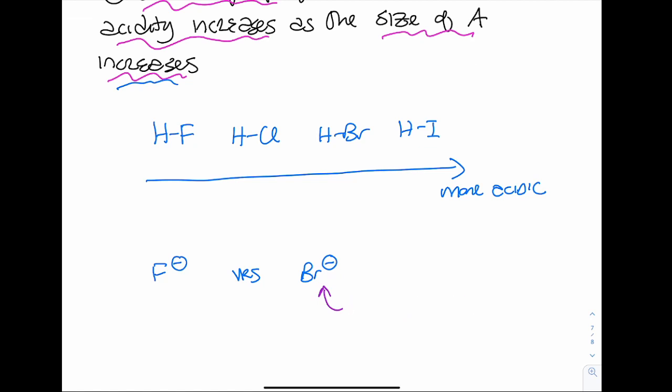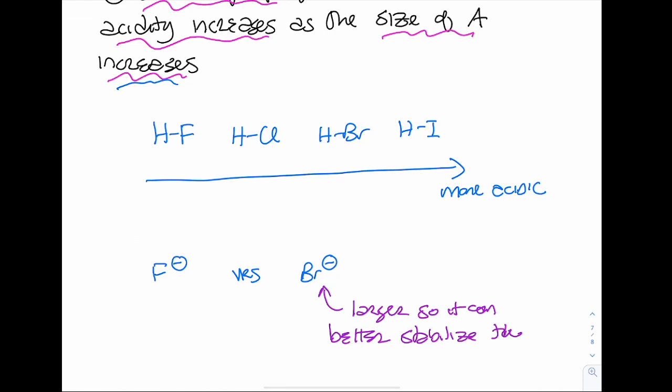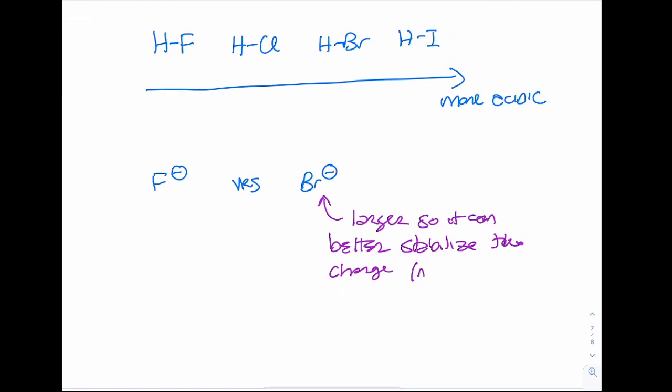So it's larger, so it can better stabilize the charge. Right? It is more polarizable. I probably shouldn't have just erased it.